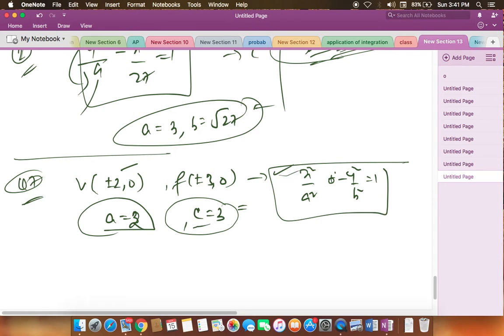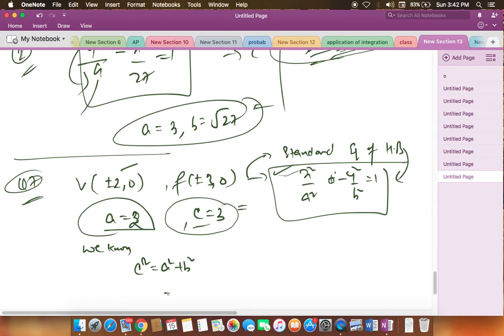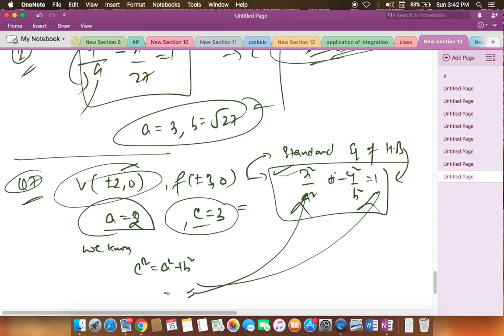You know c has been given to you, so the formula c square equals a square plus b square, we know this, and then the standard equation of hyperbola is given by this. So you calculate b from here, and once you get a and b, you substitute it out here. The most important thing is to find out which axis, which type of hyperbola it is.